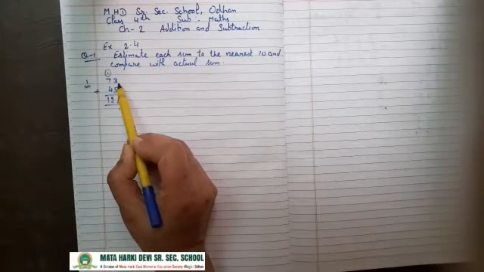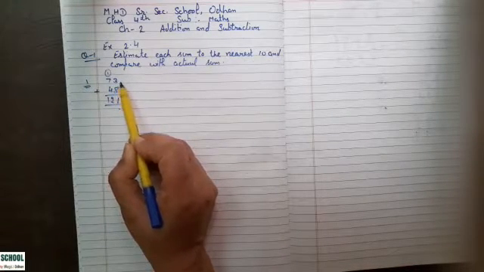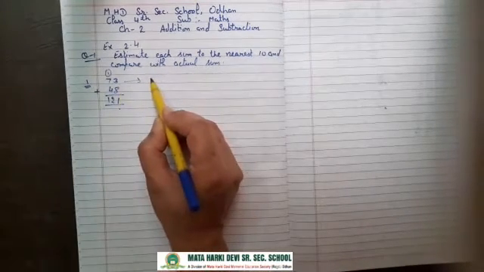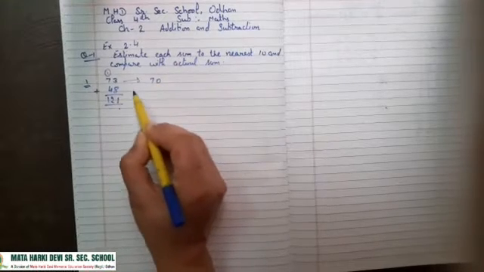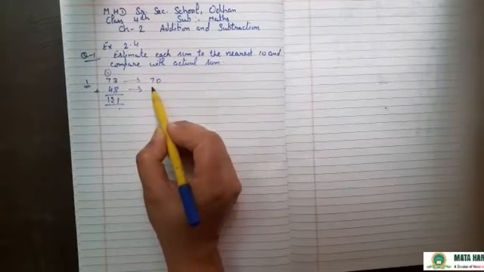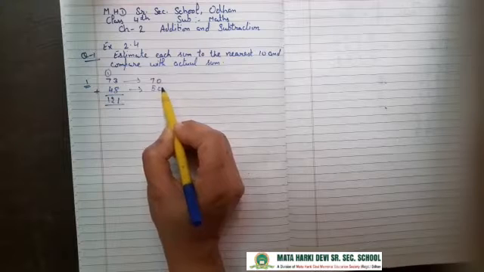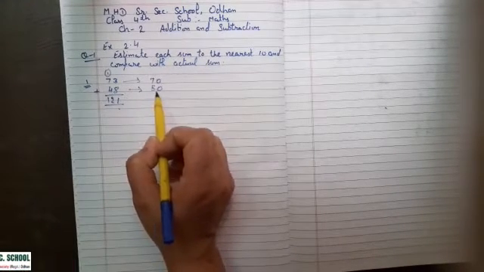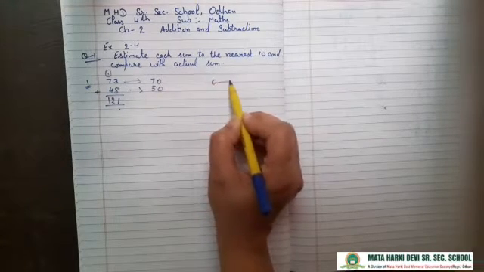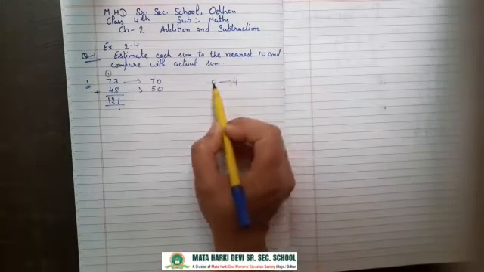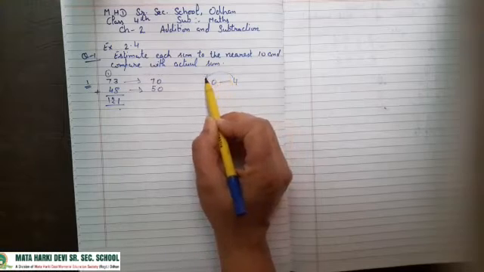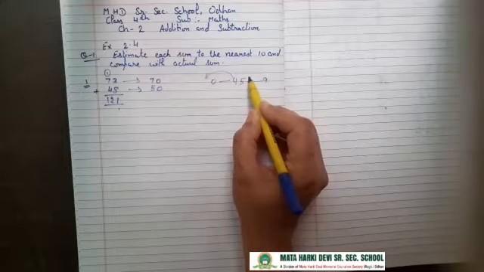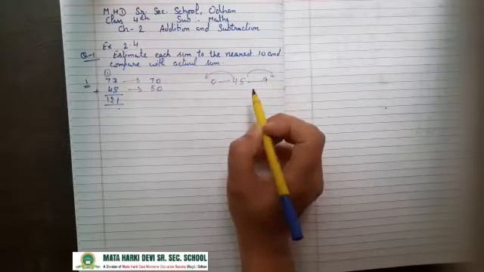Nearest 10: 73's nearest 10 is 70 and 48 is nearest to 50, as you have done in chapter 1, from 0 to 4 they go backward and from 5 to 9 they go forward.